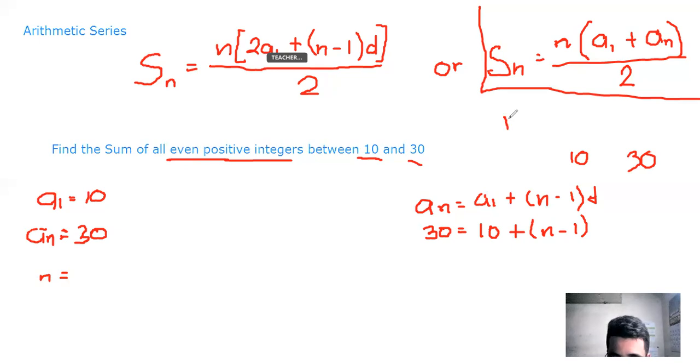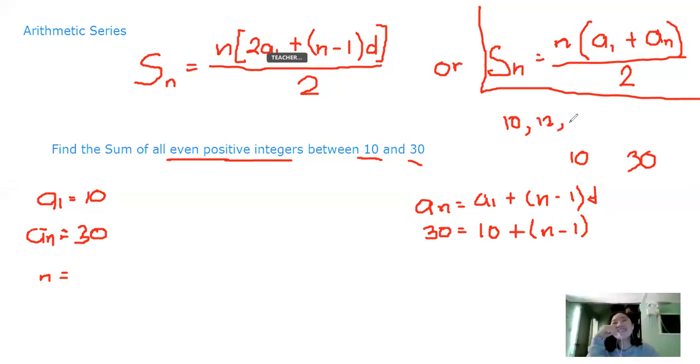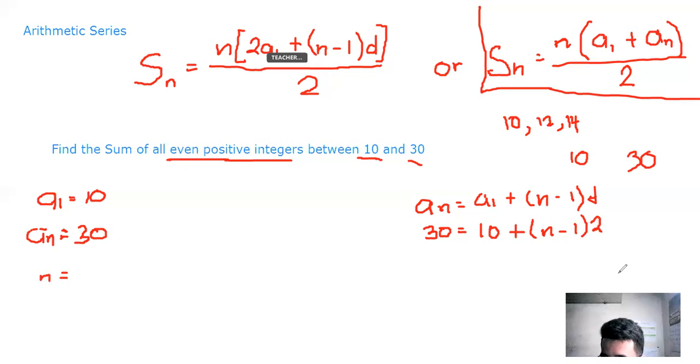Ano yung sunod na even numbers kay 10? 12. Anong sunod na even numbers kay 12? 14. So, what will be our common difference? 2. Ito yung ating common difference.